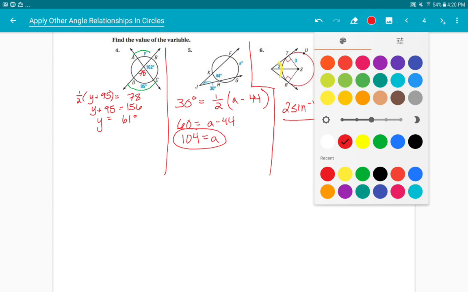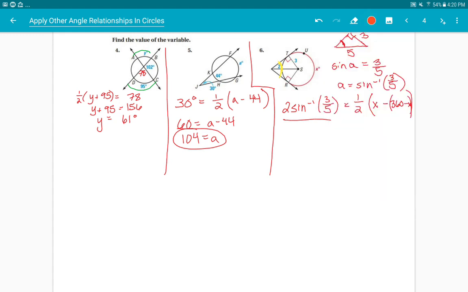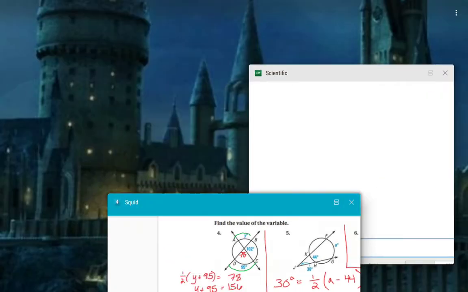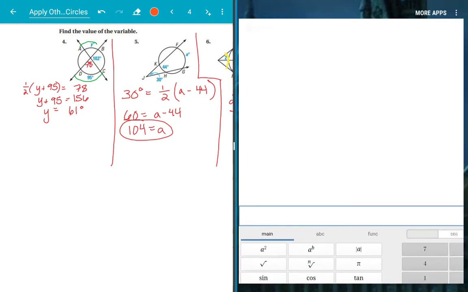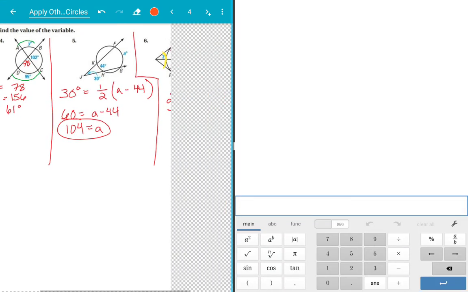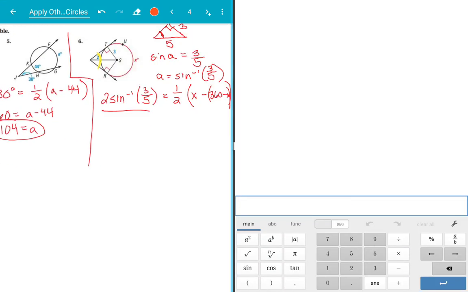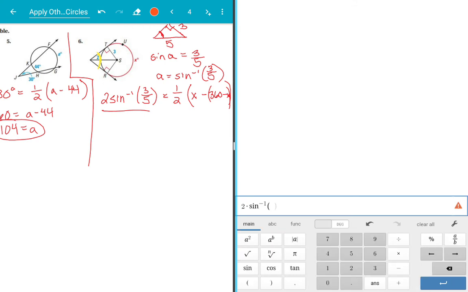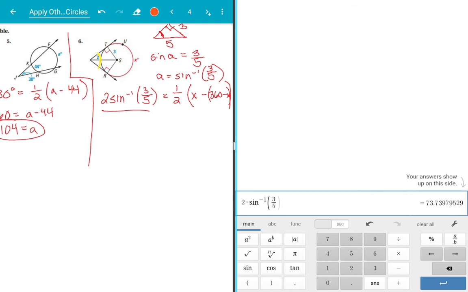All right, if we start that process, I need to use my calculator here. We have 2 times the sine inverse of 3/5.